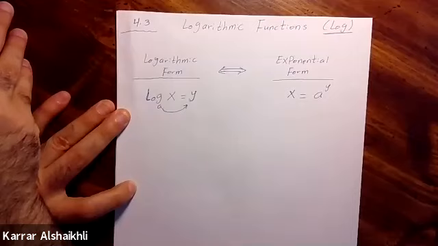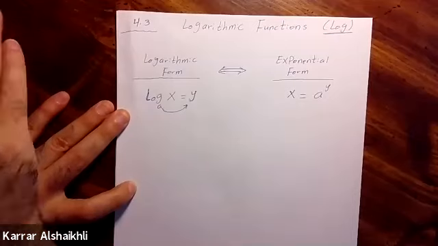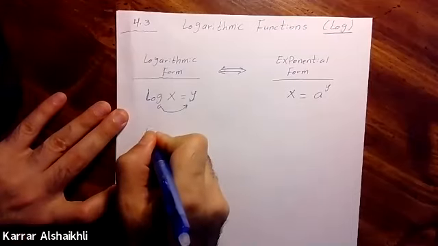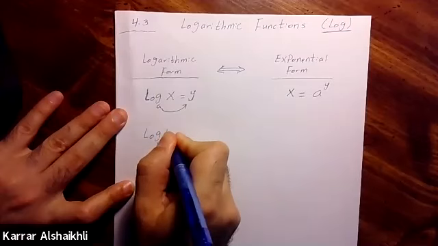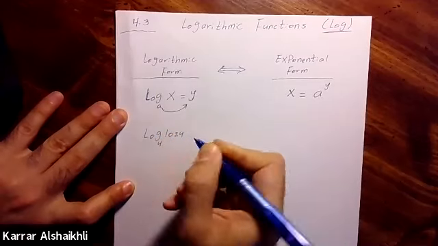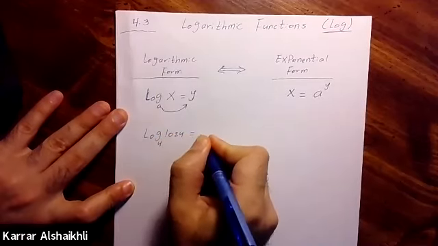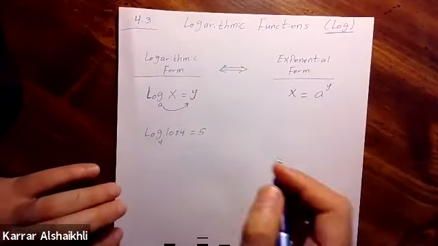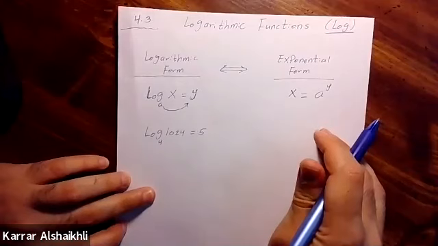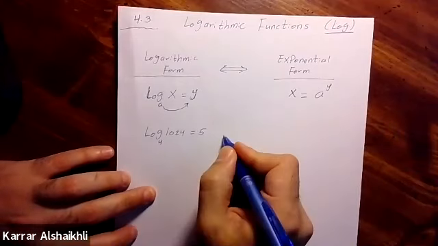If you have log to the base 4 of 1024 equals 5. They're going to give you this example and ask you to convert to the exponential form. How are we going to convert?